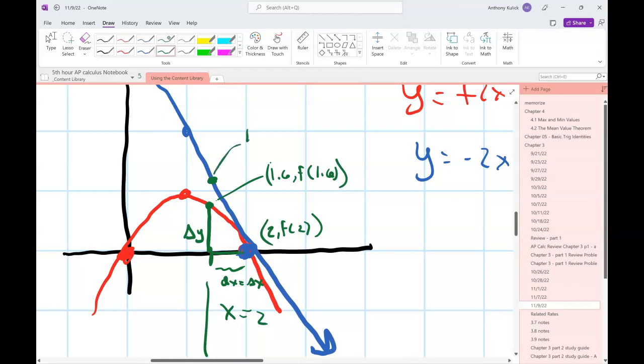And this point here is like 1.6 comma L of 1.6. L is for like the linearization. Is that okay? I'm just trying to fill this in so everybody sees what's going on here. So this distance then is my dy.